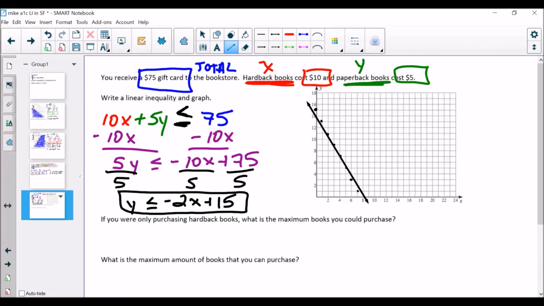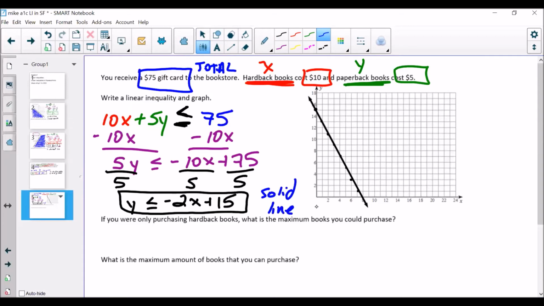So I'm going to go ahead and straighten it out a little bit here. That looks good. And we have our line. Now it's definitely a solid line. We learned that in a previous video. We have that or equal to, so it's a solid line.